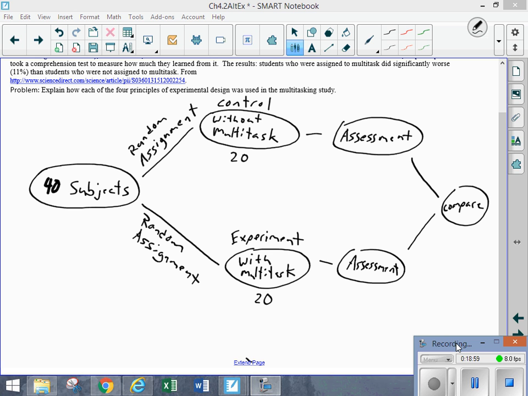Did we do the experiment enough that we would eliminate some confounding factors? I don't know, 20 is not a lot. Really, the magic number is 30 for a sample size to be large enough. So maybe replication was addressed, but this would speak to the replication.